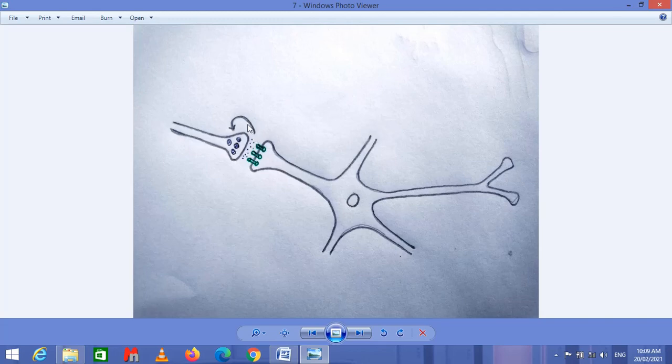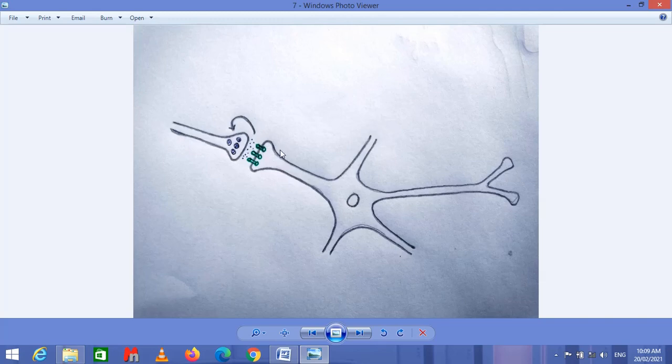This cycle and this condition only happen in the memory depositing or memory storing area inside the brain. So the phenomenon or the condition that will occur over here is called long-term potentiation. For example, normally in the neurons inside the brain or inside the peripheral nervous system, when the neurotransmitter is secreted in the synaptic cleft, it activates the receptor or generates the action potential for a few milliseconds.